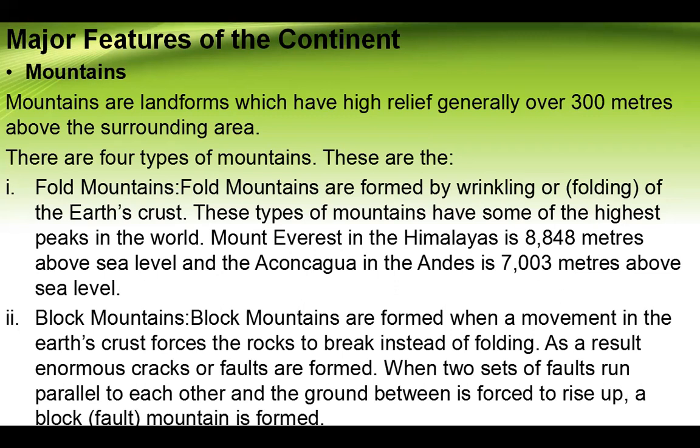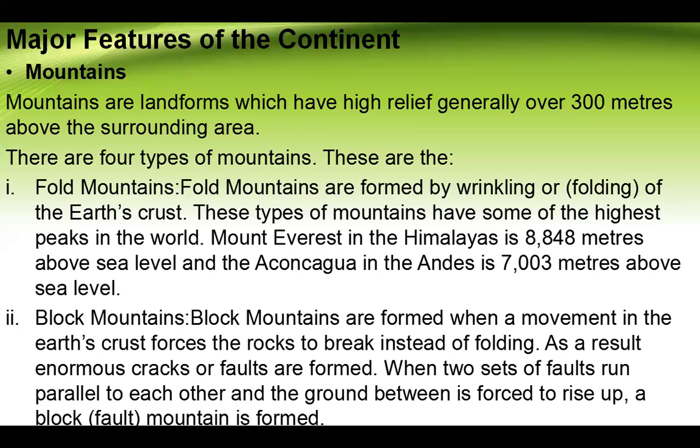These types of mountains have some of the highest peaks in the world, such as Mount Everest, found in the Himalayas, at about 8,848 meters above sea level, and Aconcagua, in the Andes, at 7,003 meters above sea level. So basically, these mountains occupy the highest peaks in the world.